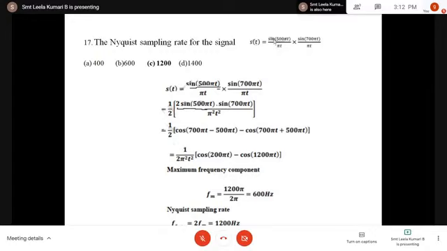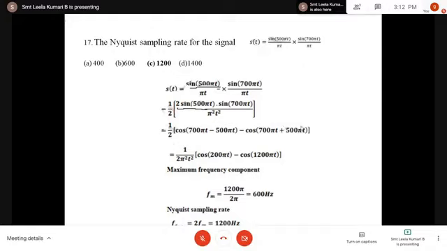If the power of the first function is m and the power of the second function is n, the Nyquist sampling rate is equals to m f1 plus n f2. So here the powers are 1. Therefore 1 into 500 plus 1 into 700, which is equals to 1200 Hertz. So the Nyquist sampling rate is 1200 Hertz.